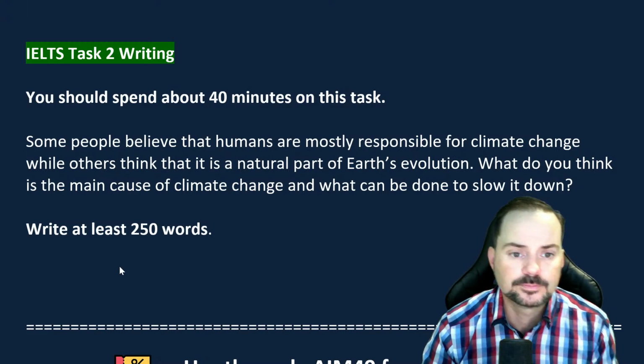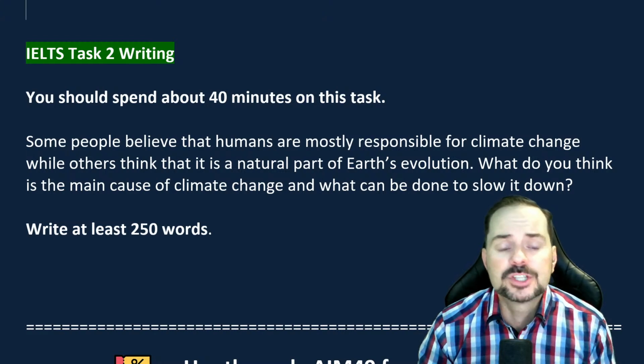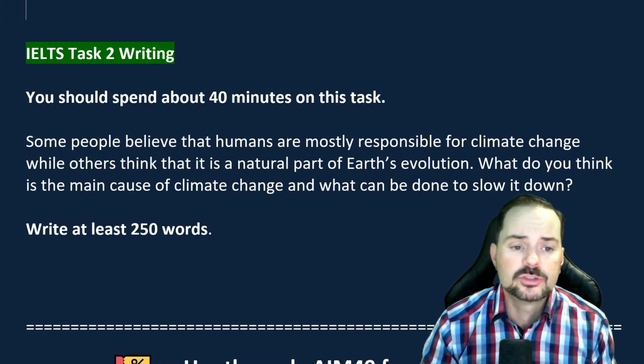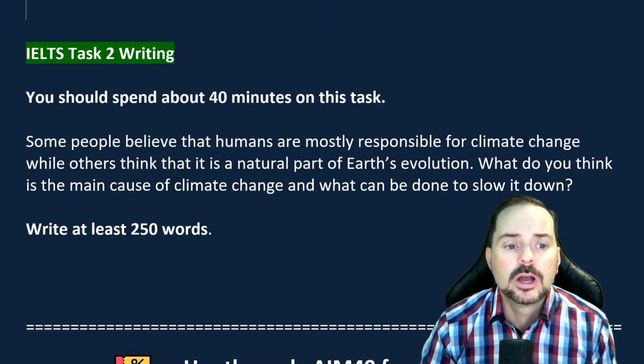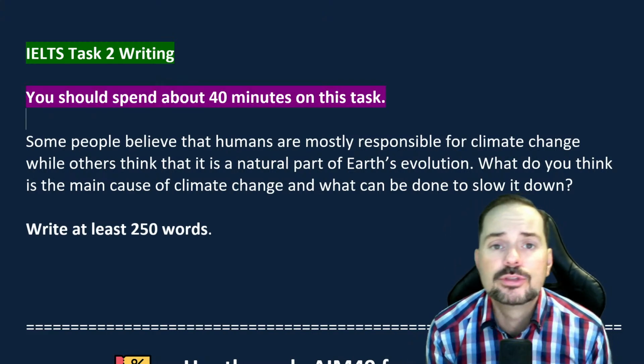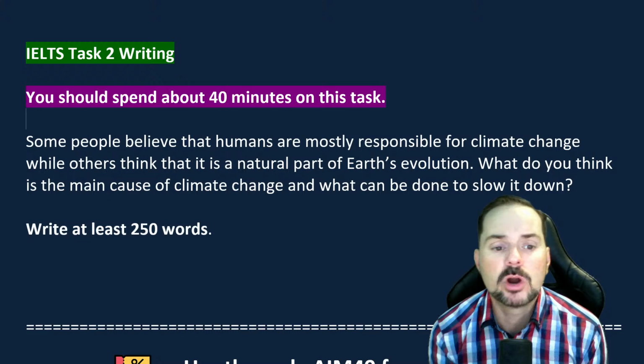Okay, so with that important information behind us, let's take a look at the task 2 question. First step is always to read the question really carefully and to paraphrase it. So here we go. You should spend about 40 minutes on this task. Definitely spend 40 minutes on task 2. It's worth 2/3 of your writing mark.